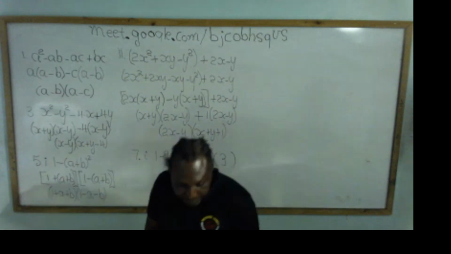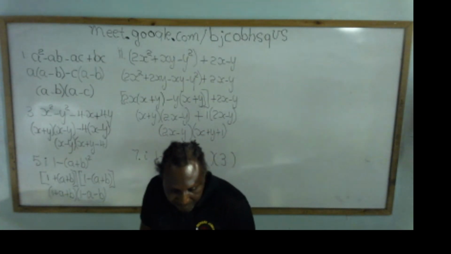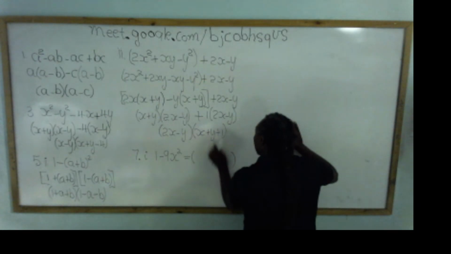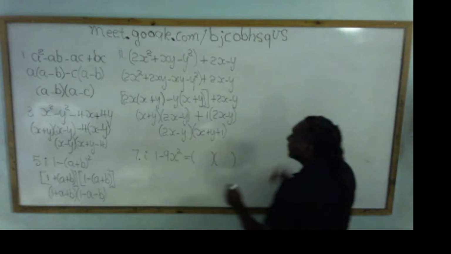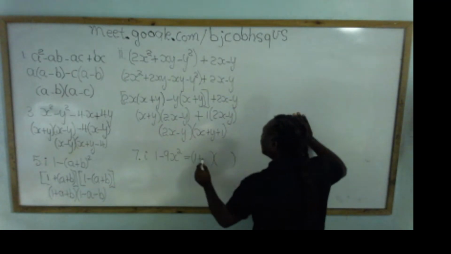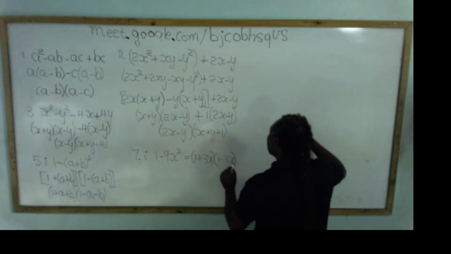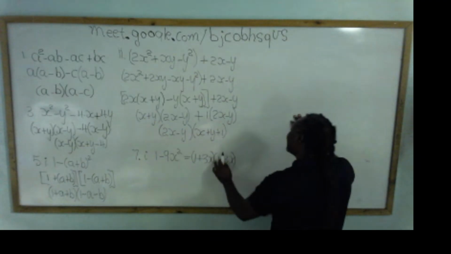That would be fine. So it would be 1 plus 3x, 1 minus 3x. That looks better.